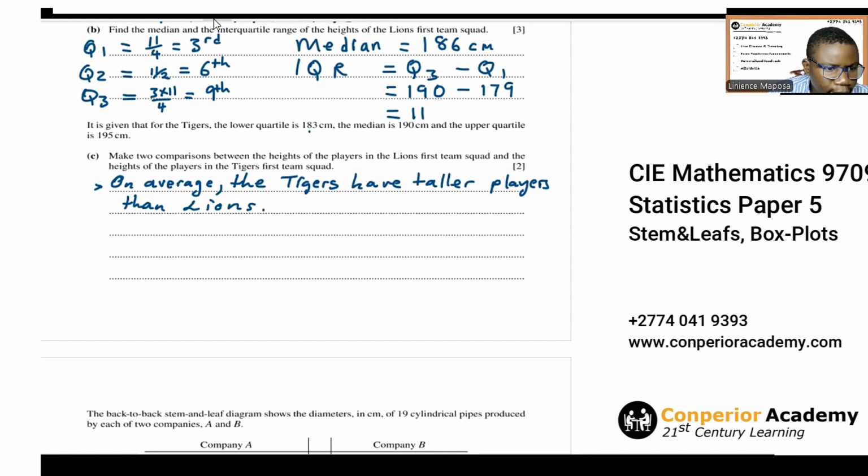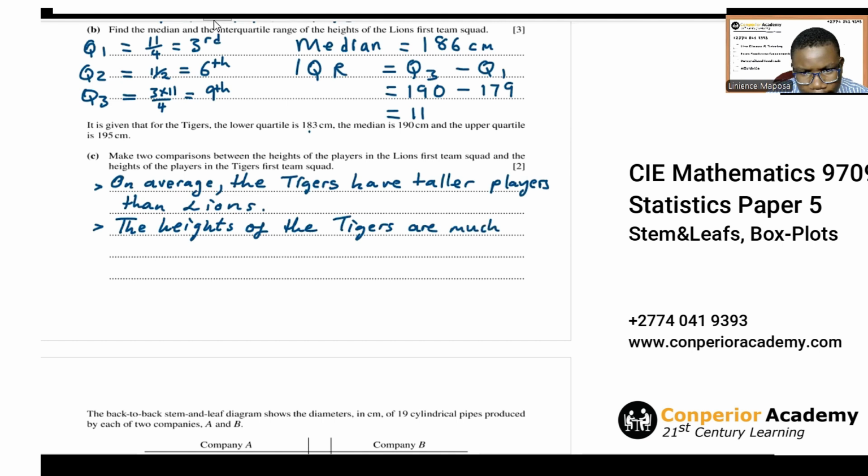Okay, so for the other comparison, you can just go ahead and compare the interquartile range. So we can say here, the interquartile range for the tigers is going to be 195 minus 183. So 95 minus 83, that gives me 12. So we can say that the heights of the tigers are much more spread out.